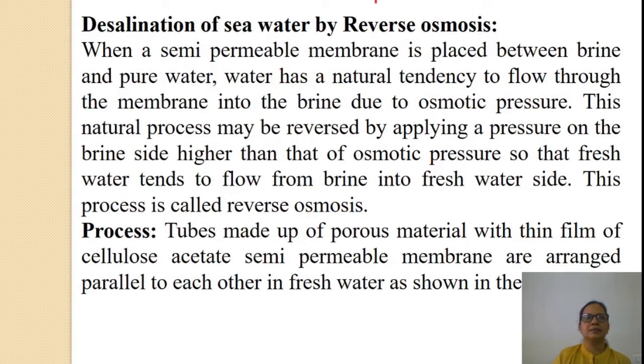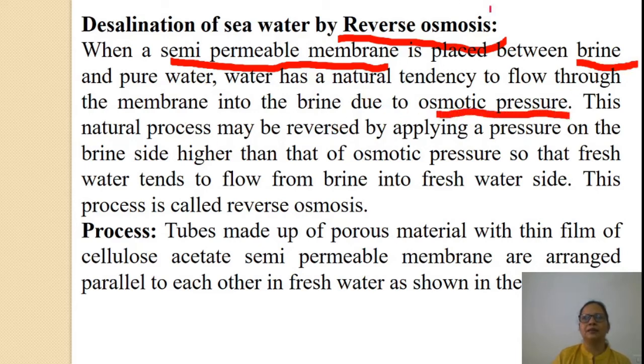The next process is desalination of seawater by reverse osmosis. When a semi-permeable membrane is placed between brine and pure water, brine is the seawater or salt water. The water has a natural tendency to flow through the membrane into the brine due to osmotic pressure, and the process is called osmosis.